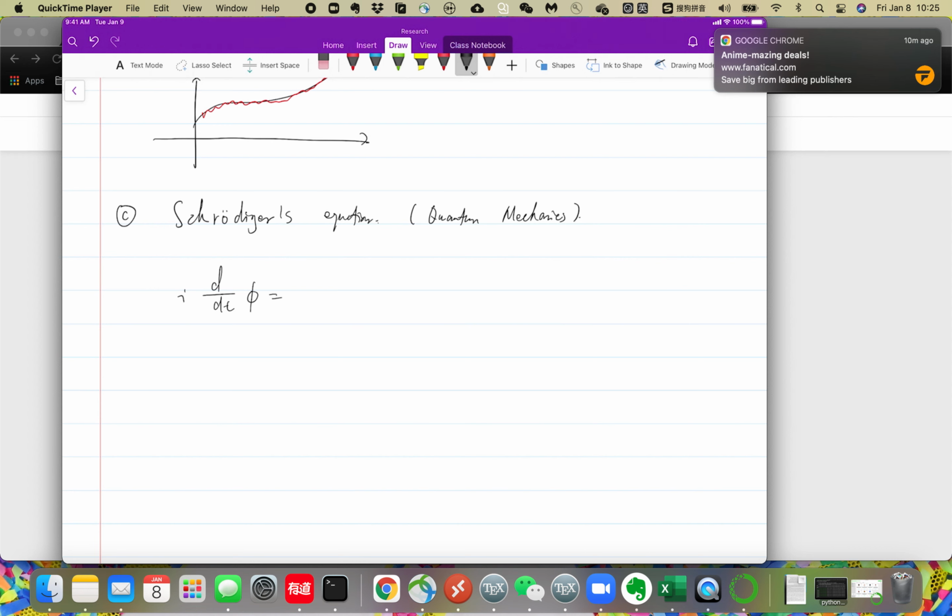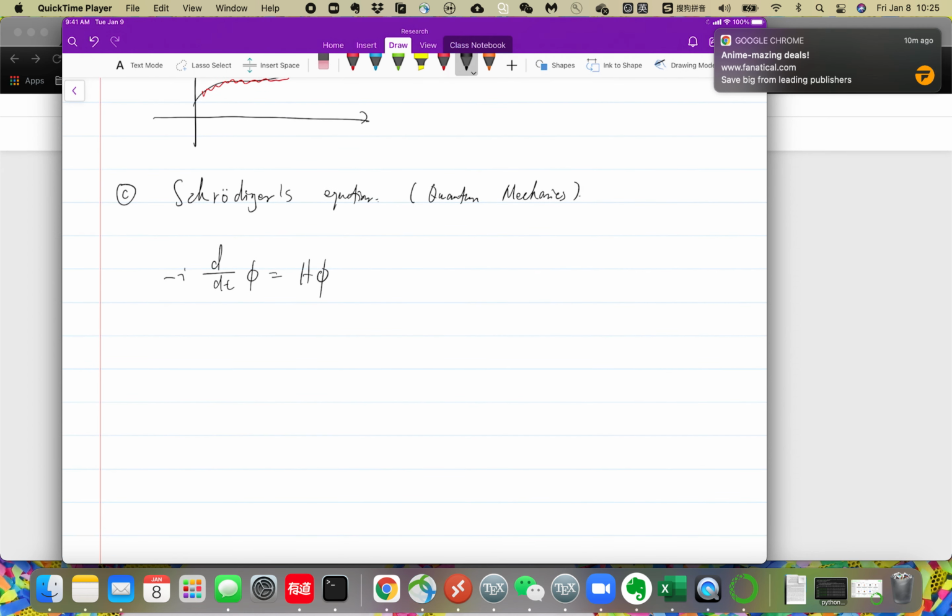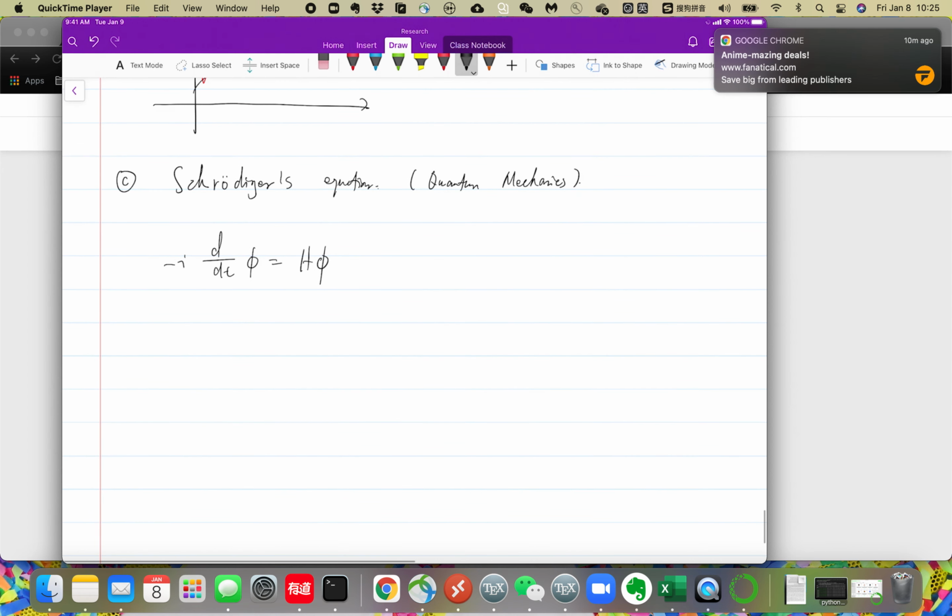This phi can be a vector. From here you can see there is a differential equation. It's a differential equation because the derivative of phi is involved. This H here can be a matrix. It also can be partial derivatives. Therefore, it can be ODE or PDE. But either way, this is very useful in quantum mechanics.